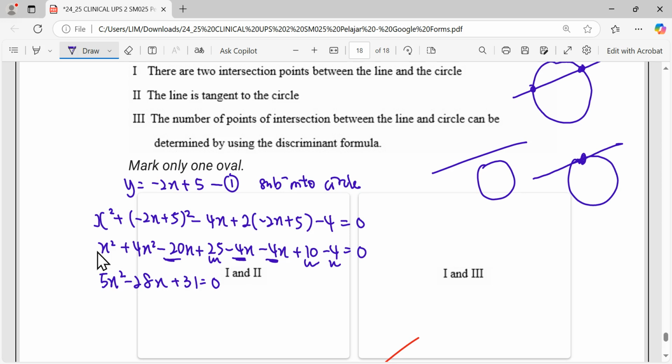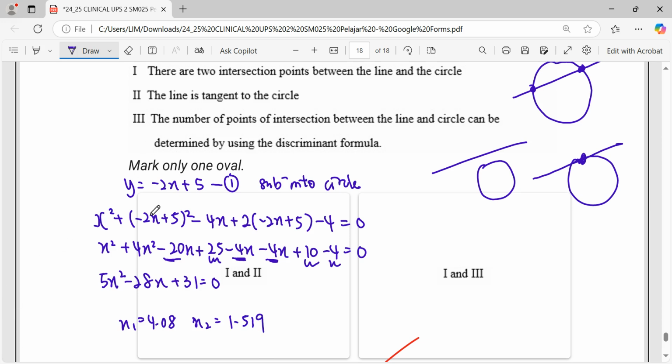So you key in your a value here is 5, then negative 28, then 31. So you can see your calculator gives you decimal answers, 1.519 and another one. So I have two answers here.